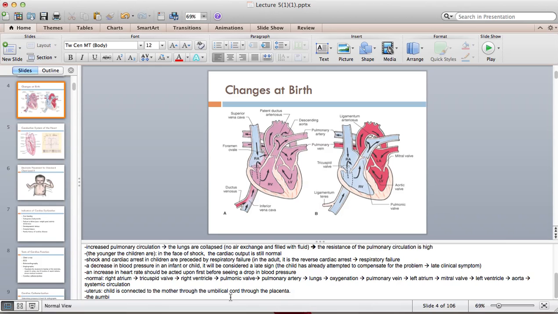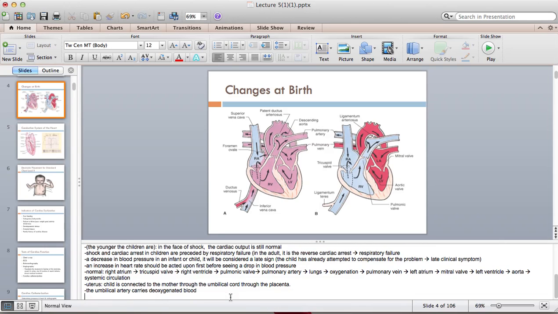Okay. The umbilical artery carries deoxygenated blood from the placenta, so the blood it is carrying is diminished of oxygen. It takes the blood to the placenta, and there, via diffusion, the nutrients and oxygen are transferred through that exchange.